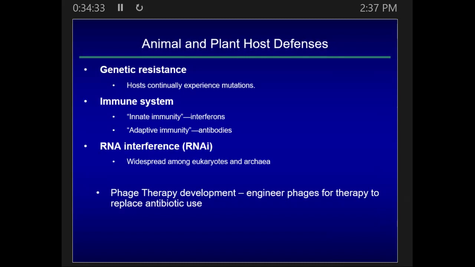And they're looking at phage therapy, where they're actually going to use phages to deliver different drugs. So yes, there's plenty of viruses that can be very damaging and deadly, but there are also some very promising ways in which we can use viruses to improve things.